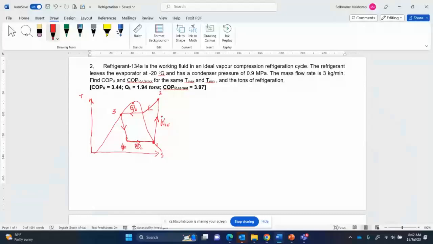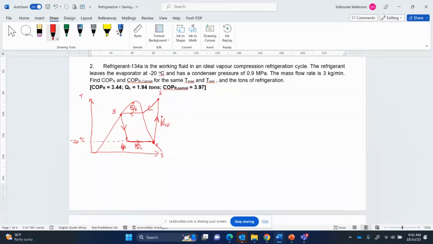Now let's see, we are told that the condensing pressure is 0.9 and the evaporating temperature is -20. So where is -20? -20 is here, because evaporation takes place between 4 and 1. So here we have -20 degrees Celsius.